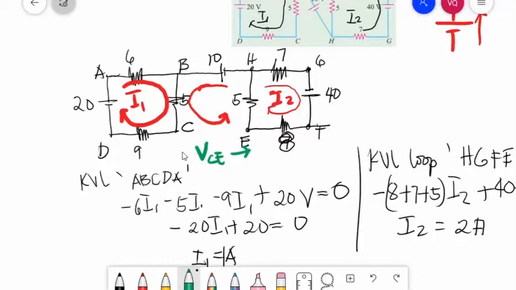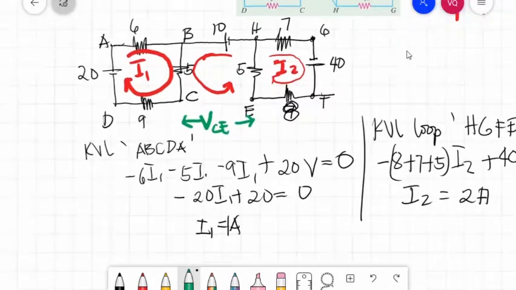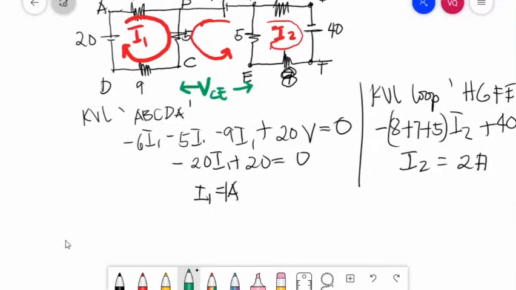To solve for the voltage VCE, it is equal to the voltage at point C minus VE.